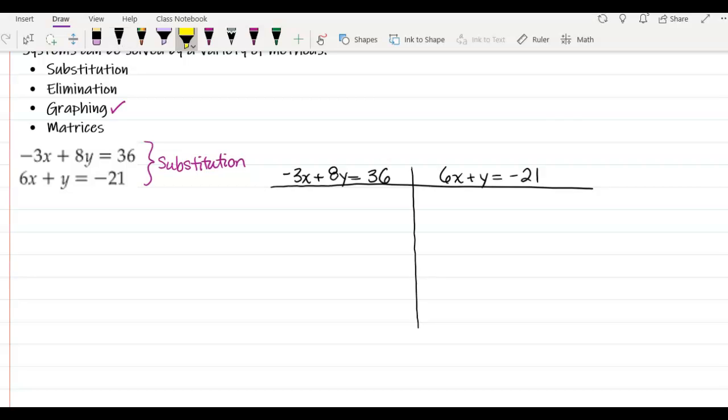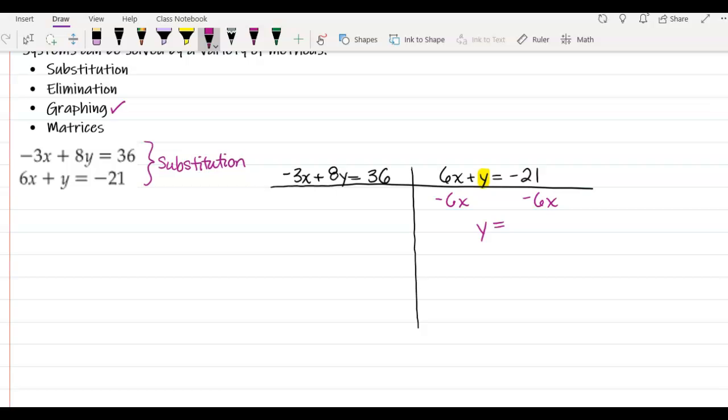Now, we have two variables in this equation and two variables in this equation. Our goal is to find a variable that can be easily isolated. Of those four, this variable is the easiest to isolate because all we have to do is subtract 6x from both sides.